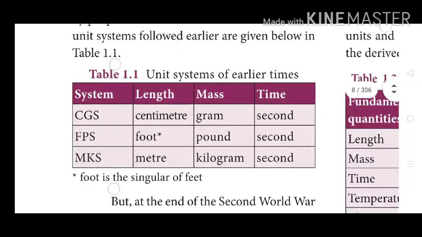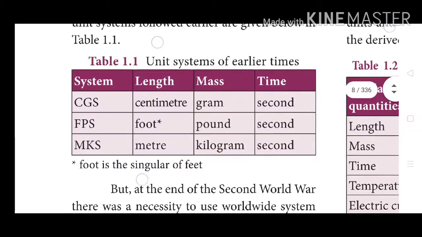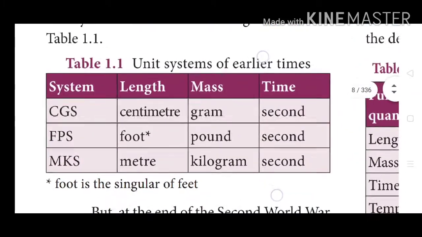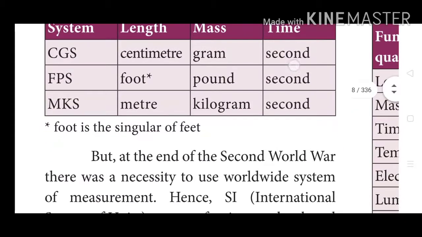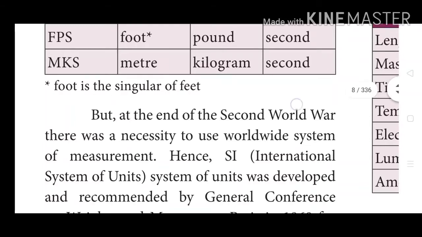See the table: CGS system, FPS system, MKS system, for length, mass, time. CGS system means centimeter, gram, second. FPS system means foot, pound, second. MKS system means meter, kilogram, second. Children, see the page clearly and get knowledge.